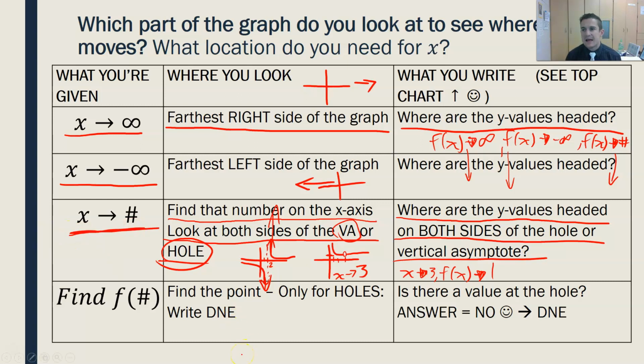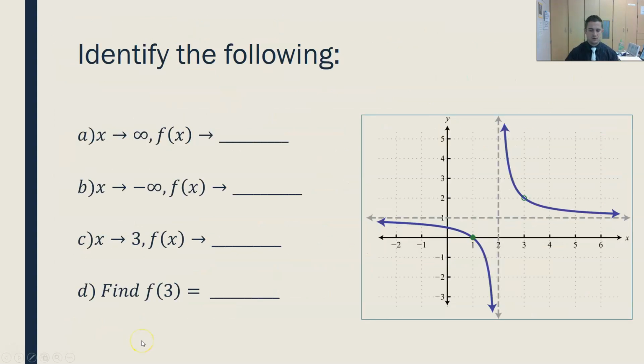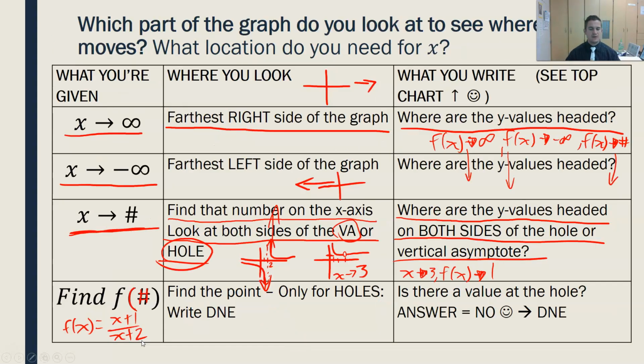And the last thing I might ask you on some of these problems is find f of a number. So if I'm given a function, if I give you a function like f of x equals x plus 1 over x plus 2, or something like that. Whoops, sorry. If I'm giving you something like this, I want you to find the point. So whatever that number is, I want you to find the x value of that point.